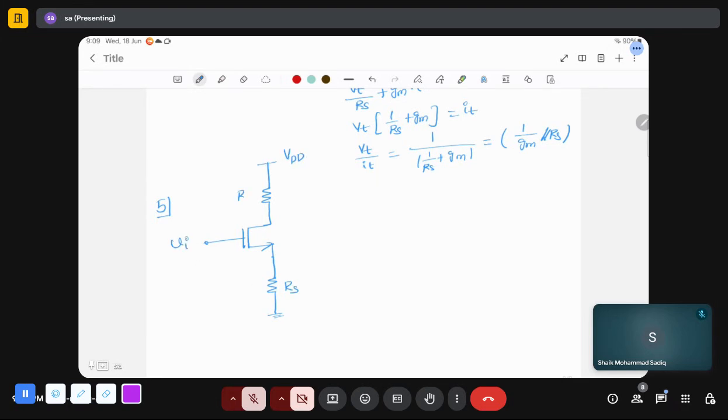Now, what is the gain V naught by Vi in this case? How to find the gain? Small signal analysis.